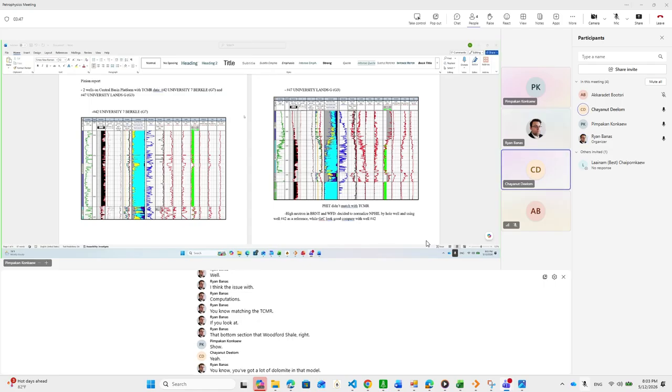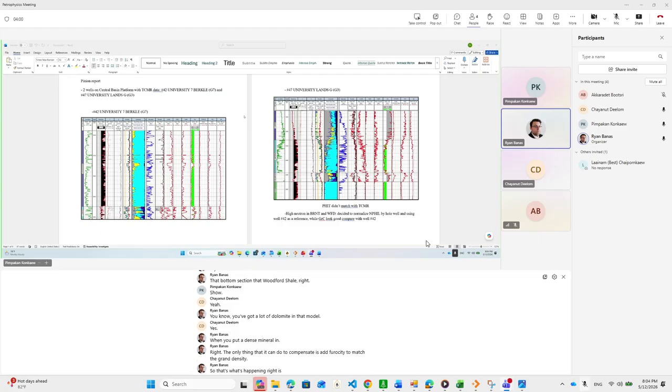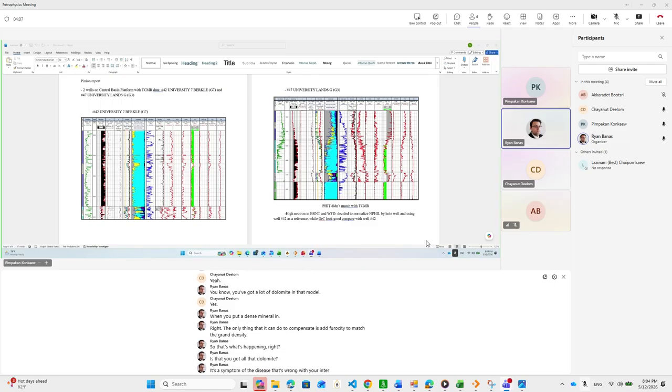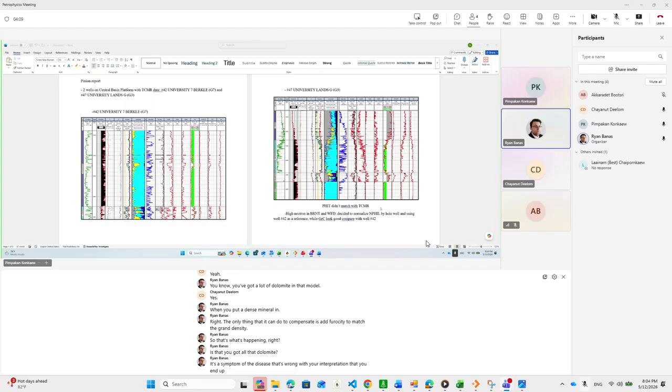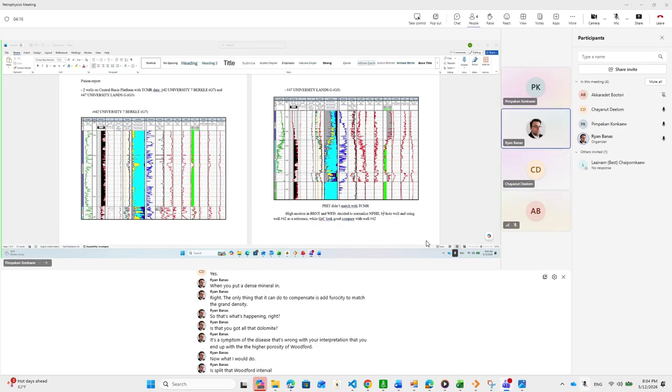And when you put a dense mineral in, the only thing it can do to compensate is add porosity to match the grain density. So that's what's happening. It's a symptom of the disease that's wrong with your interpretation, that you end up with the higher porosity in the Woodford.